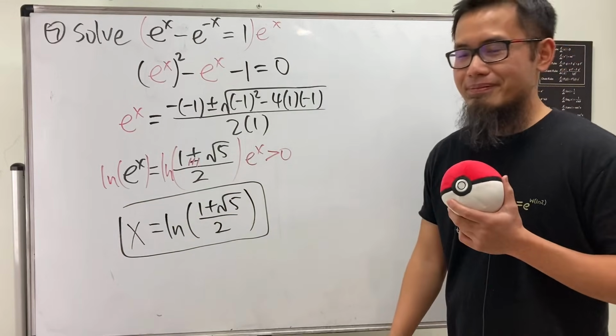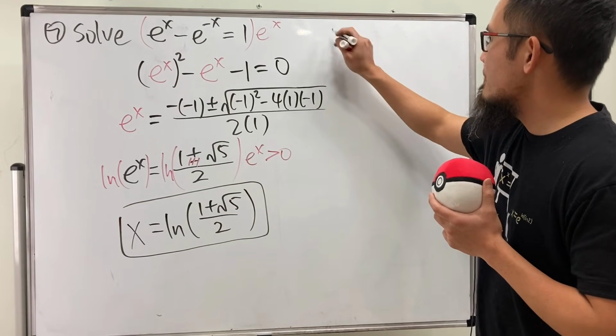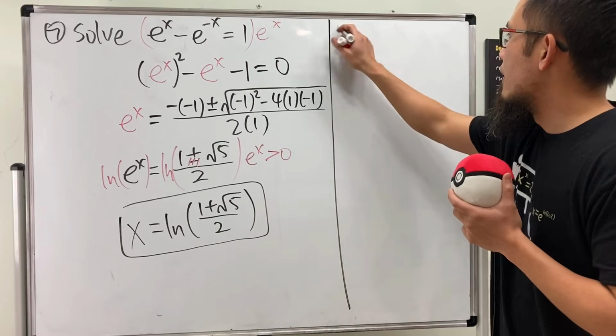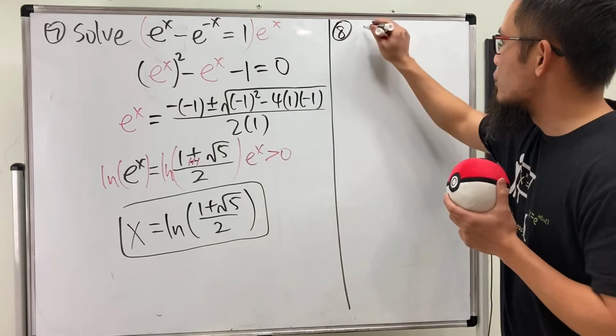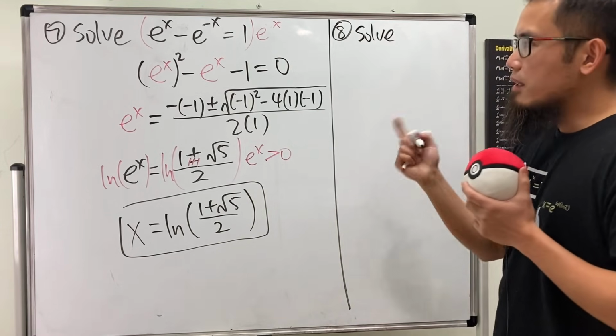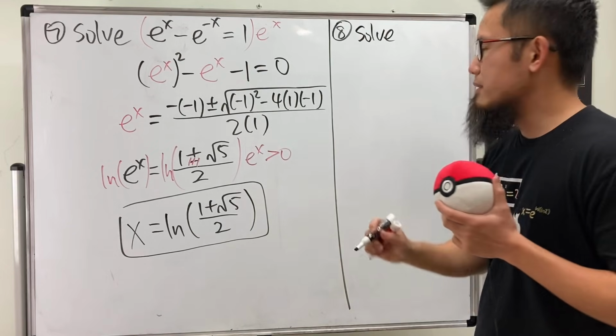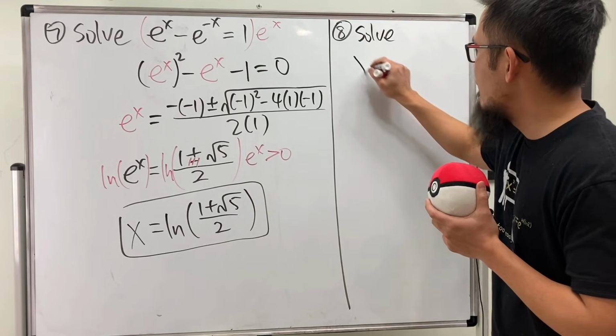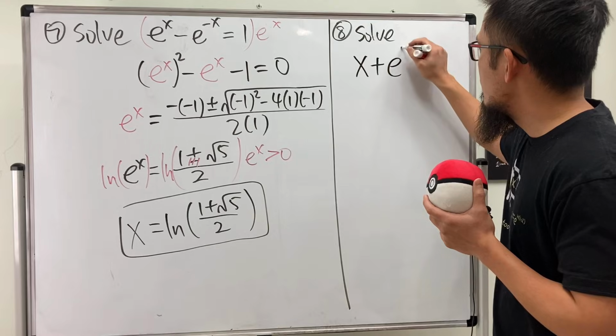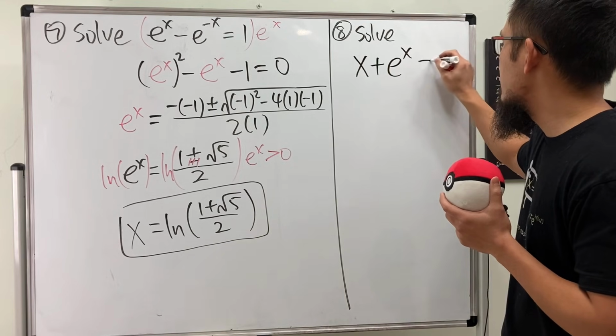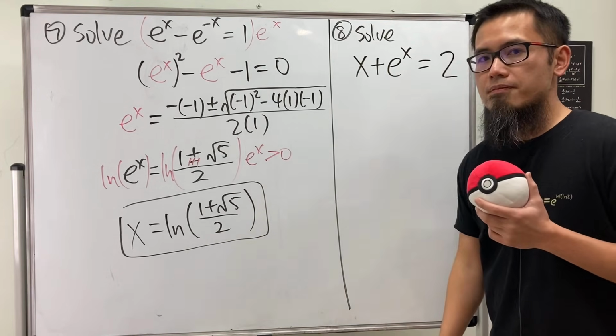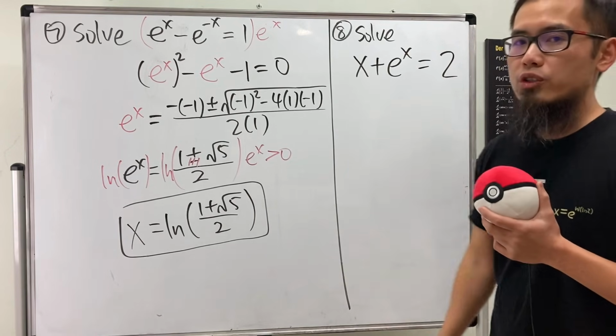Pretty cool, huh? All right, let me see if I can solve another equation right here, number 8. Let's solve this equation. This time, I'm going to change it a little bit. Let's look at what if we have x plus e to the x, and let's say this is equal to 2. How can we solve this equation then?